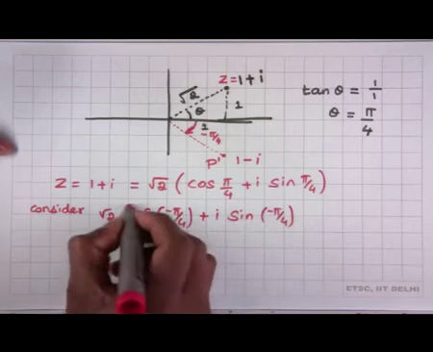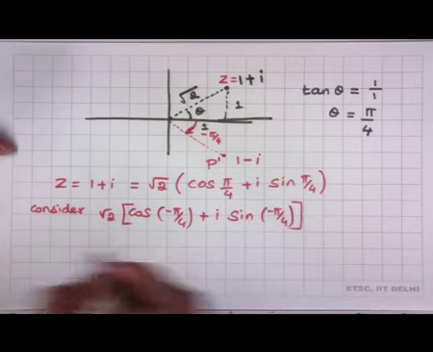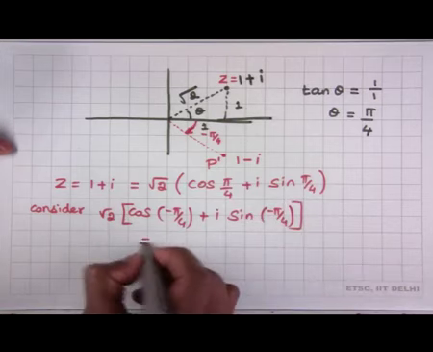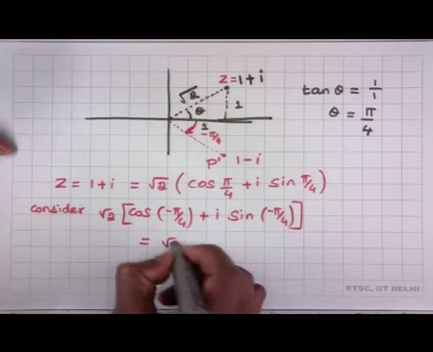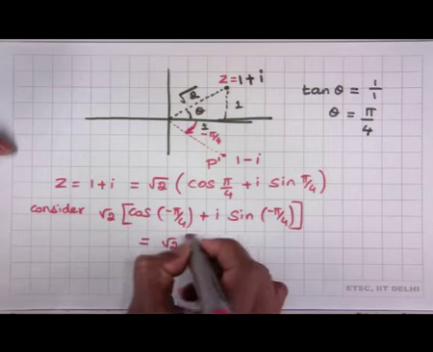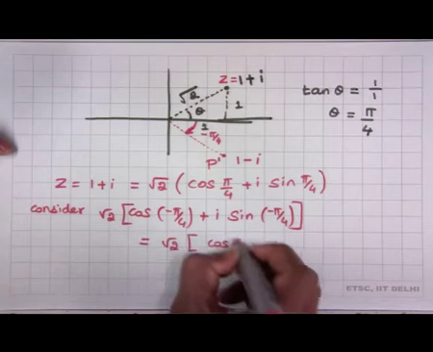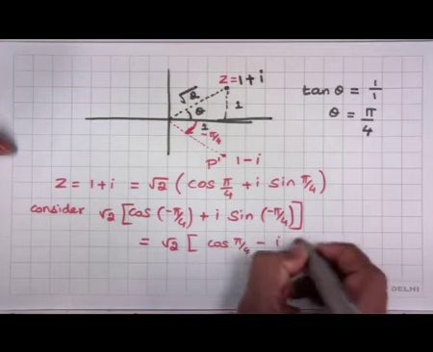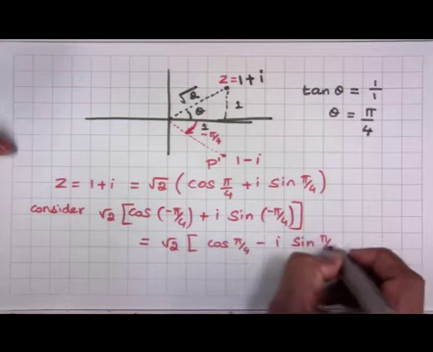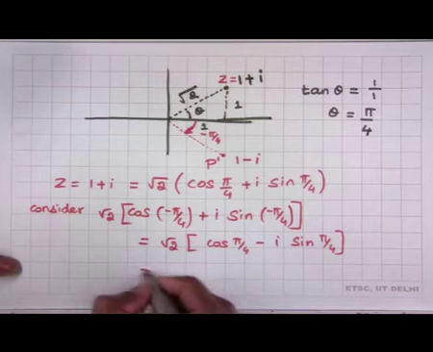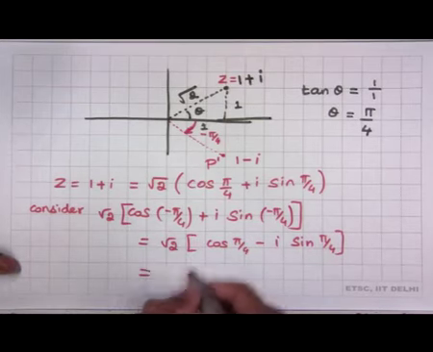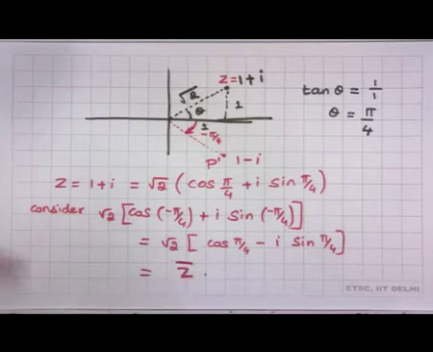Cos is an even function and sin is an odd function. So we get root 2 times cos pi by 4 minus i sin pi by 4, which is nothing but z bar.